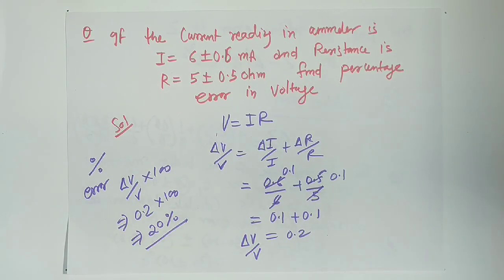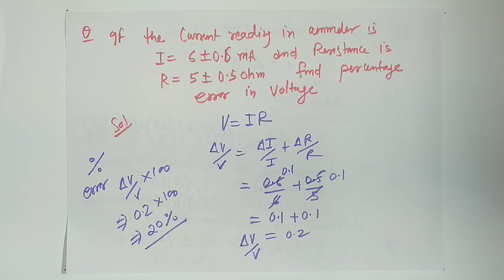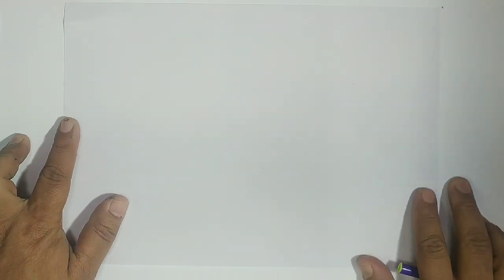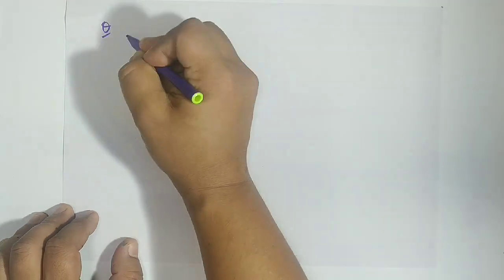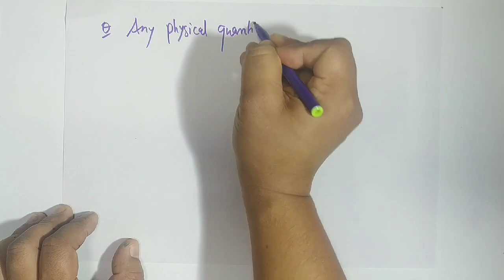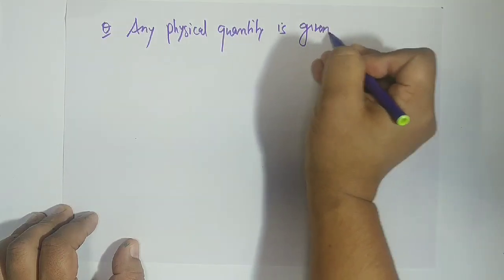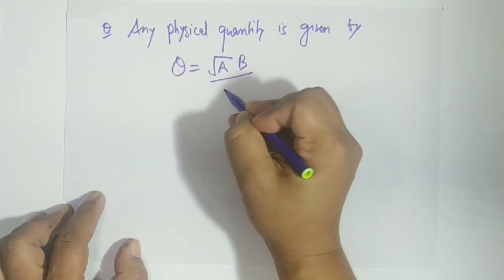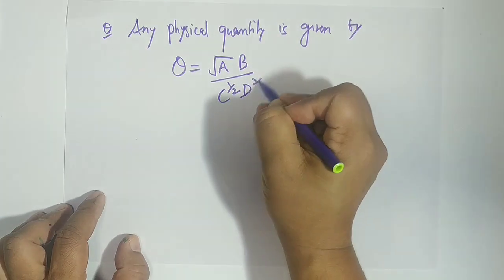So this is how we are going to deal with the errors, and we can find out the maximum possible error. I am taking another question. There is a question that the quantity Q, any physical quantity, is given by Q equal to root A B C half D 3 by 2.